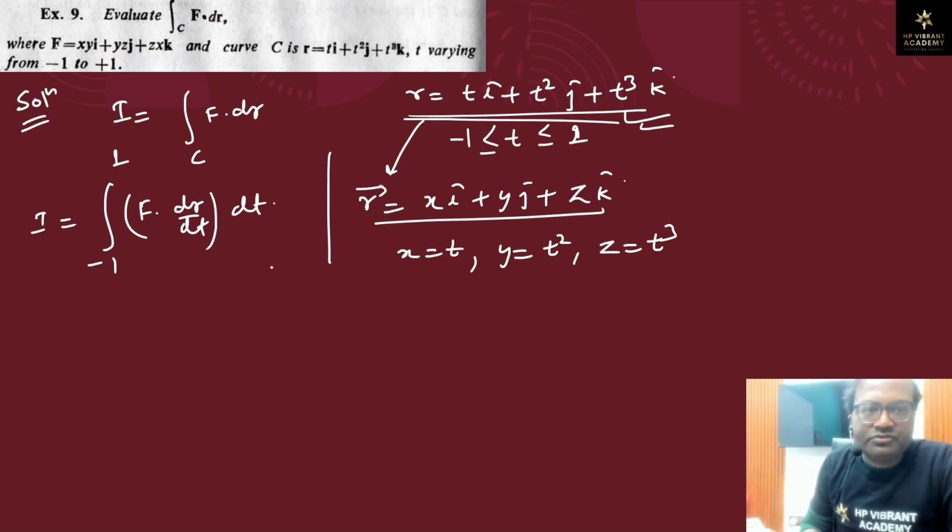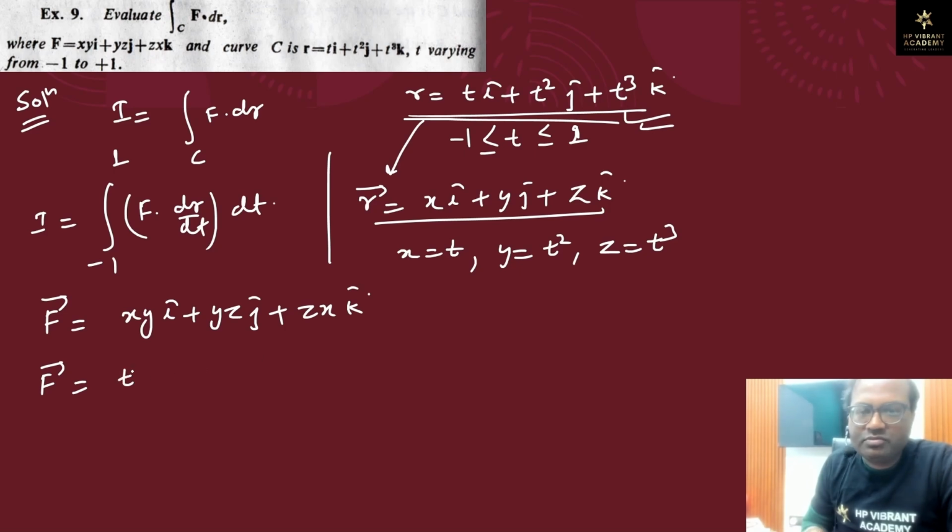We have f given as xy i cap plus yz j cap plus zx k cap. So xy will be t to the power 3 i cap, plus yz, this is t to the power 5 j cap, plus zx, this is z and this is x, so this is t to the power 4 k cap.